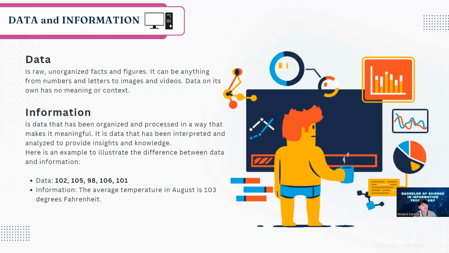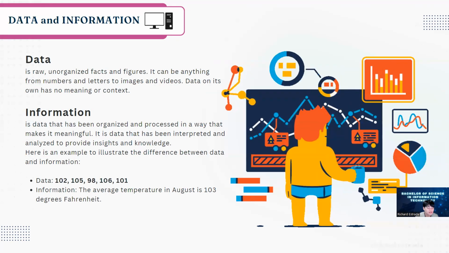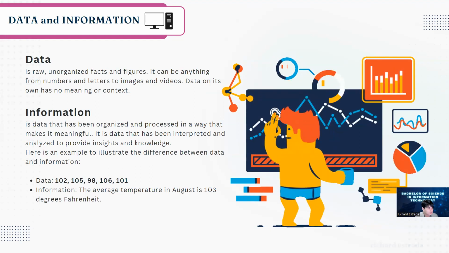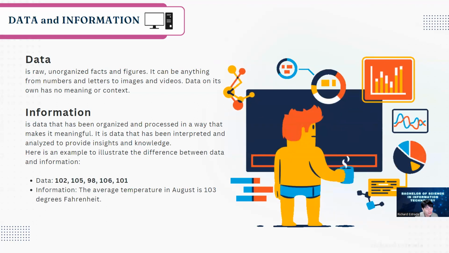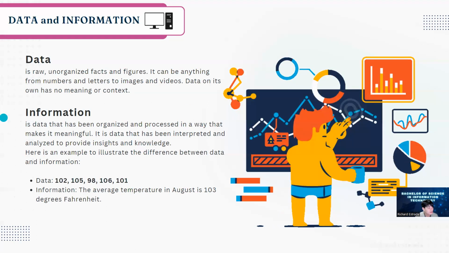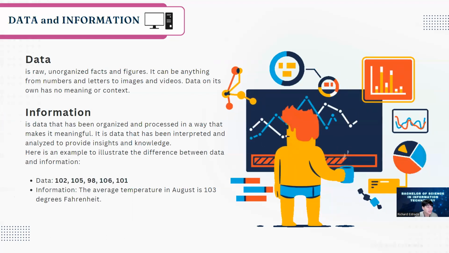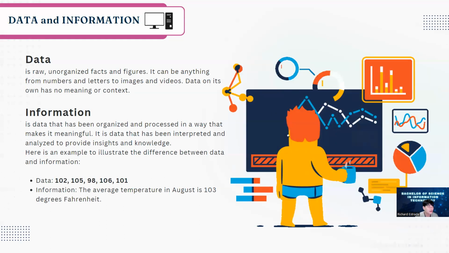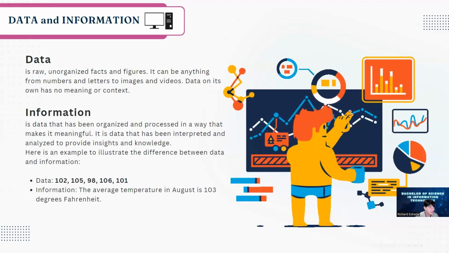So, another example of data: you are a student, you have your name, your address, and your course, BSIT. If I'm going to organize it, just like Earl, Earl is a student of Bachelor of Science in Information Technology, or is studying in USTP.